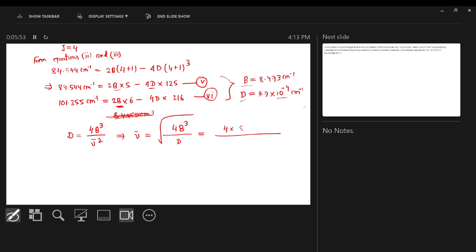B is 8.473 centimeter inverse cubed, D is 3.7 times 10 to the power minus 4 centimeter inverse. Okay, we will solve this, we will get something like 2564.4 centimeter inverse.